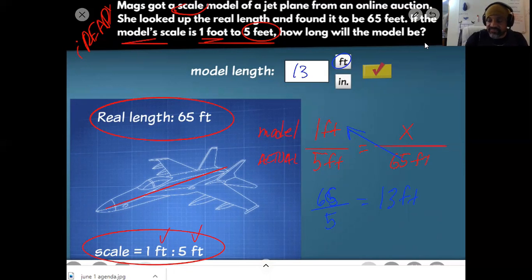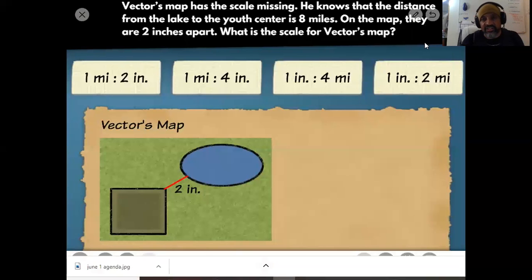Okay, last question. This is also from iReady. Let's go. It says Vector's map has a scale missing. So we're missing the scale drawing, or the scale. They didn't give us the scale. He knows that the distance from the lake to the youth center is actually 8 miles. So the real distance, the actual distance is 8 miles.